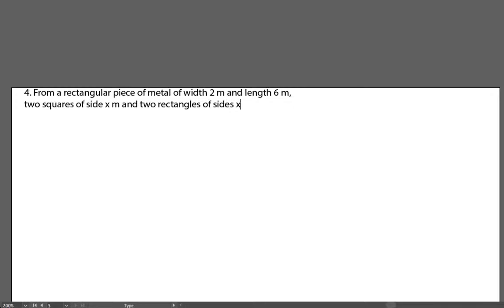From a rectangular piece of metal of width 2 meters and length 6 meters, two squares of side x meters, and two rectangles of sides x meters and x plus y, are removed as shown in the figure.